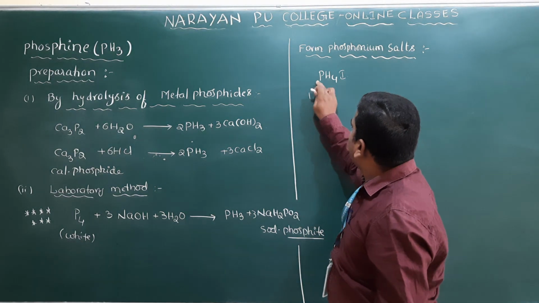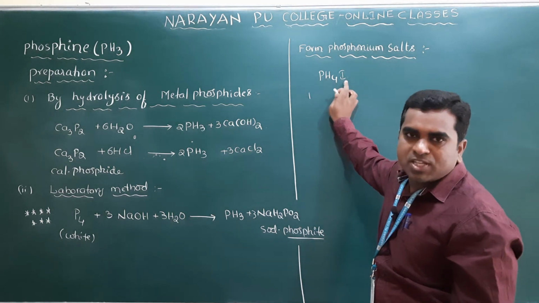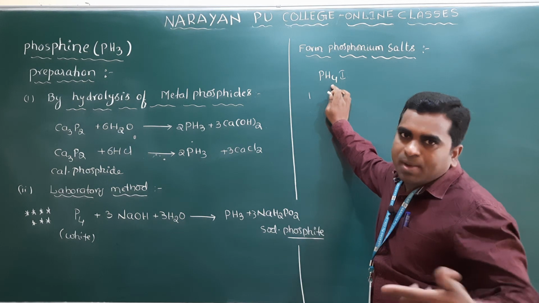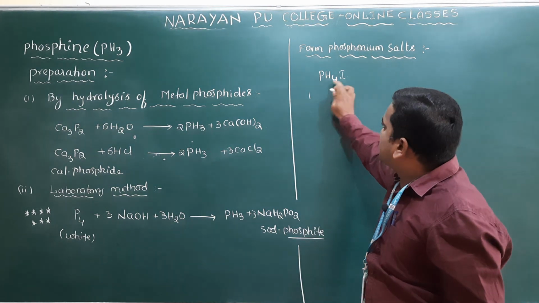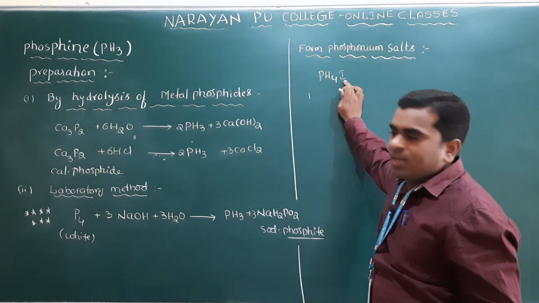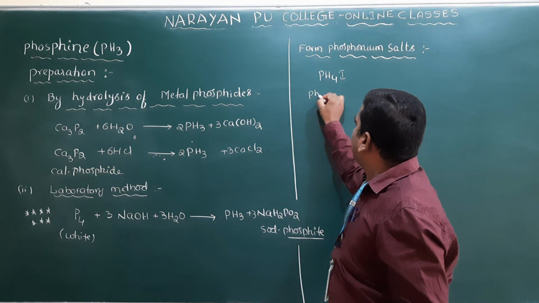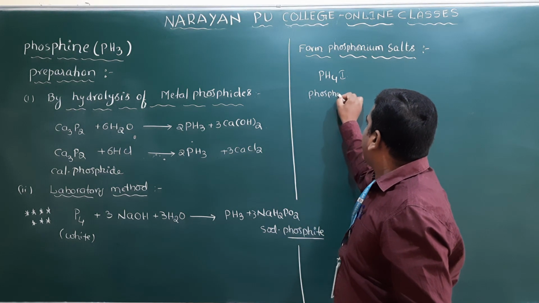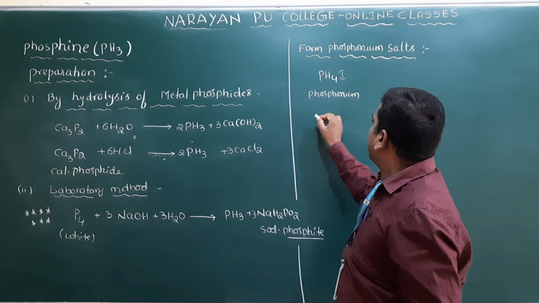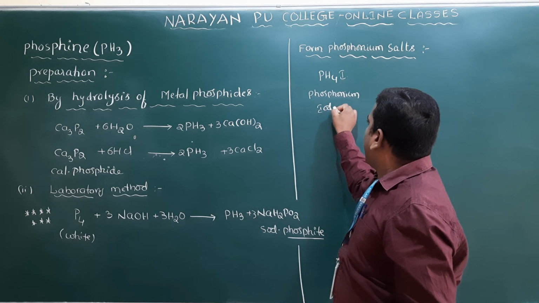NH4Cl we call ammonium chloride, and NH4I ammonium iodide. In the same way, phosphonium iodide. Clear?